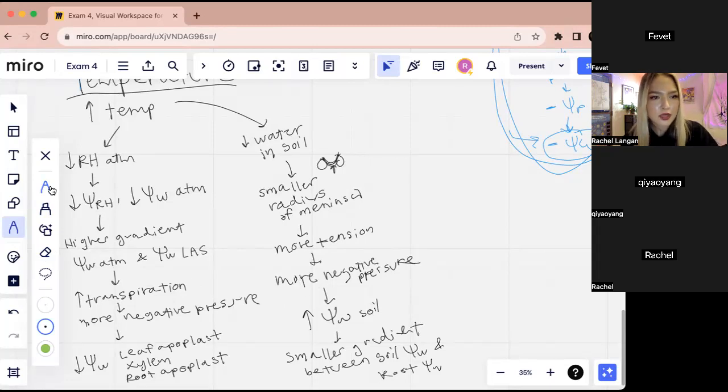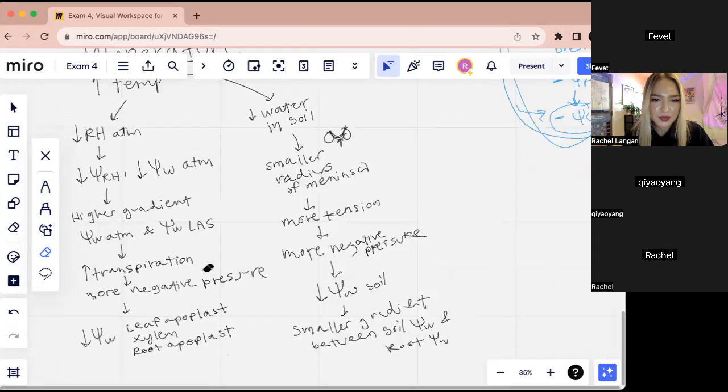So if there's more negative pressure, then the water potential will decrease. And if the water potential decreases, then there's a smaller gradient between the soil water potential and the root water potential.